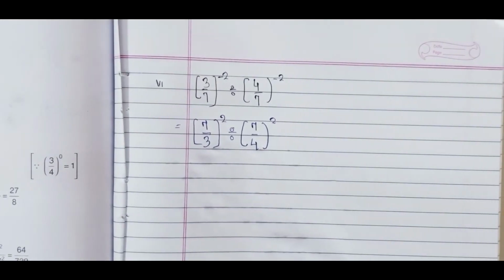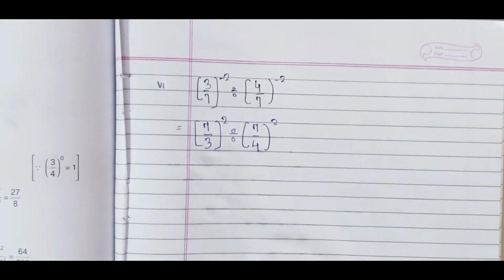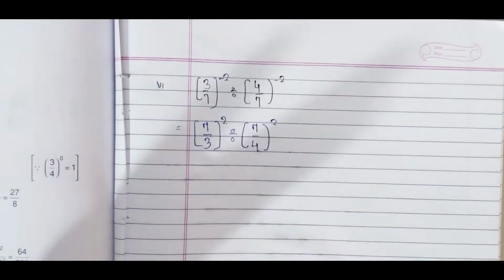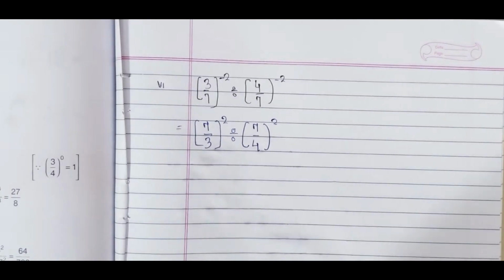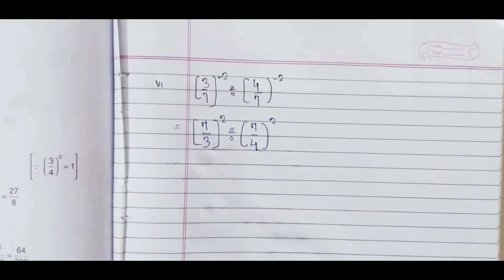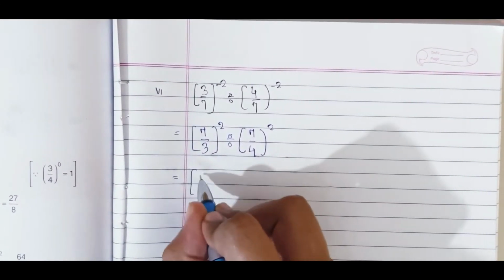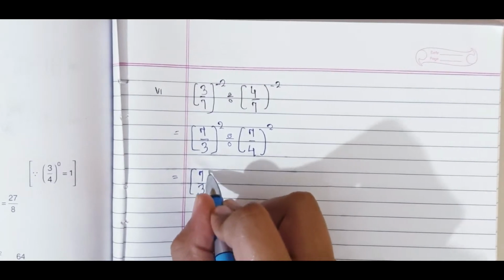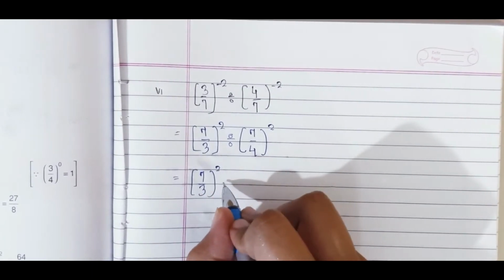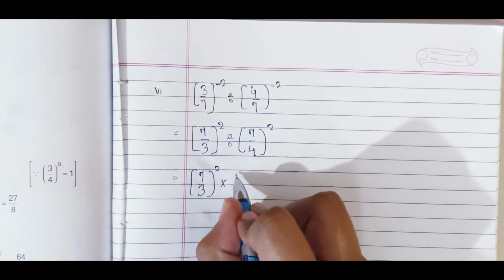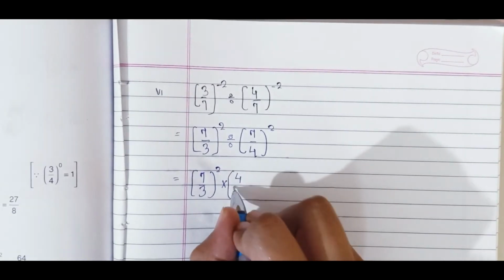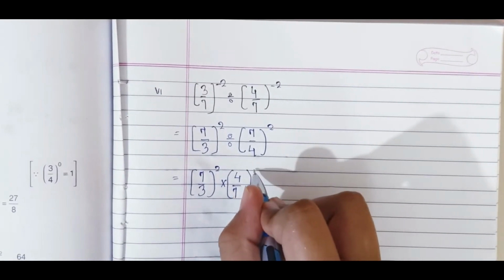Now, as in the last question we had done, in division the RHS part will be reciprocal and the LHS part will be as it is, to make division a multiplication. So now 7 by 3 to the power square multiplied by 4 by 7 to the power square.